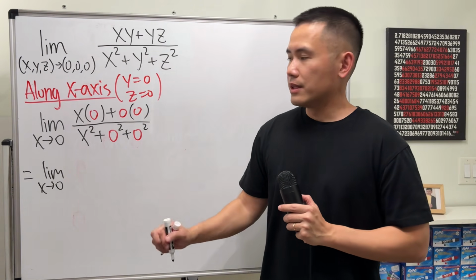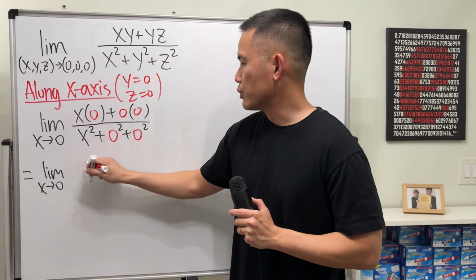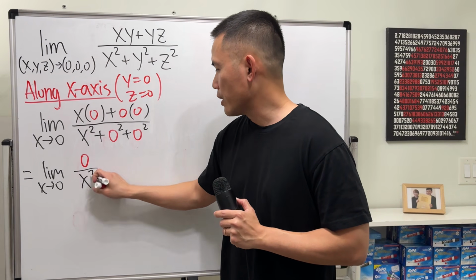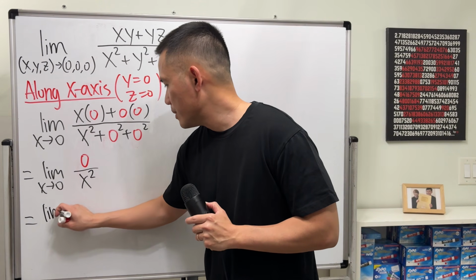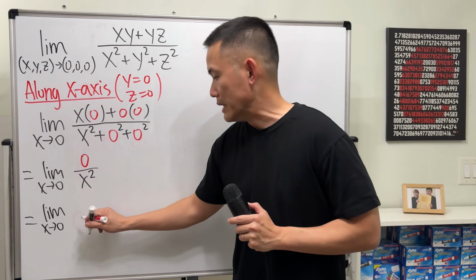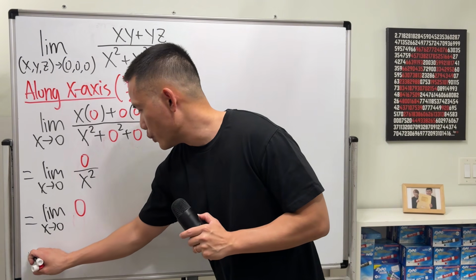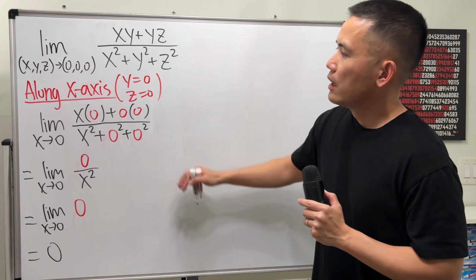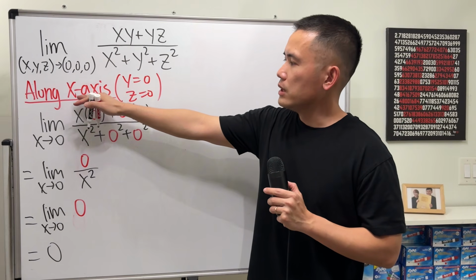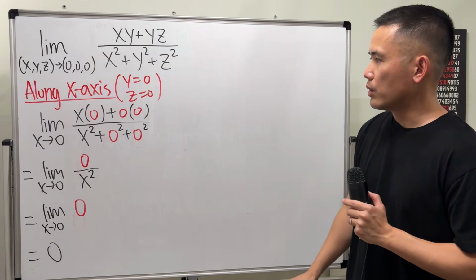Now do this inside out, right? Cancel, cancel. Here we have x times 0, which is 0, over x squared. This is the limit as x approaches 0. 0 divided by x squared is 0. So the limit as x approaches 0 of 0 is 0. Therefore, when we go along the x-axis, the limit is equal to 0.